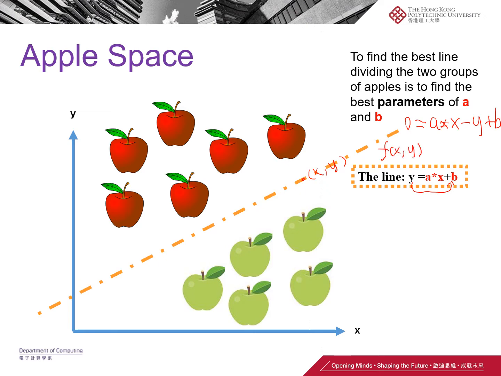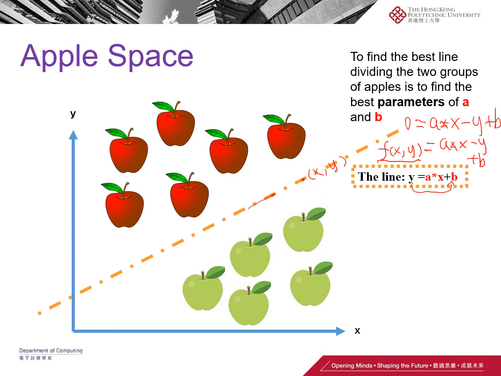Given f(x, y), we make it equal to this. By doing this, we can check whether a point x, y is on the line, above the line, or just below the line. For example, when we're given x and y on that line, this f(x, y) will equal 0 because it's on the line.